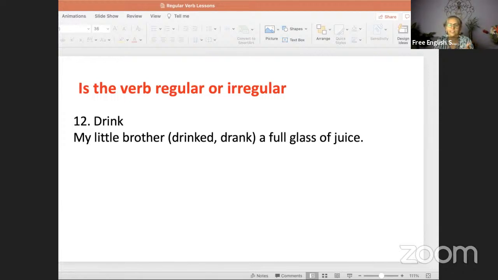Drink, drank, drunk, right? Drunk we usually use for people who are alcoholic. He's always drunk, that person is always consuming alcohol. Some people start early in the morning, always drunk. Here, drank is correct.